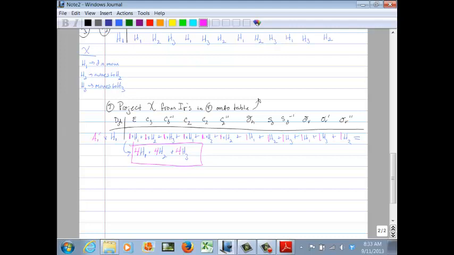It tells us that this A1 prime SALC has no nodes because all the electron density is of the same sign. They're all positive.